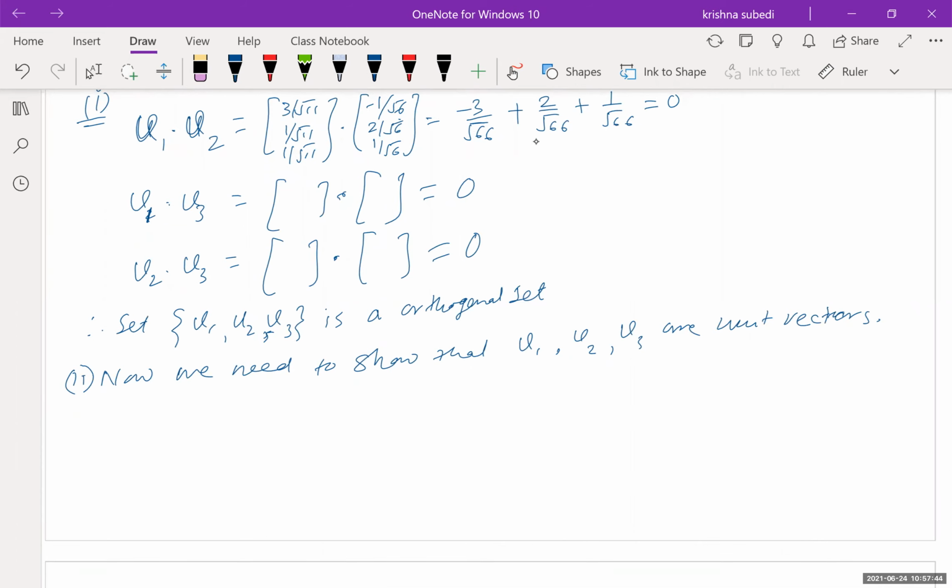Let's say method 1: find the norm of v1, which is 3 over square root 11 squared, plus 1 over square root 11 squared, plus 1 over square root 11 squared.